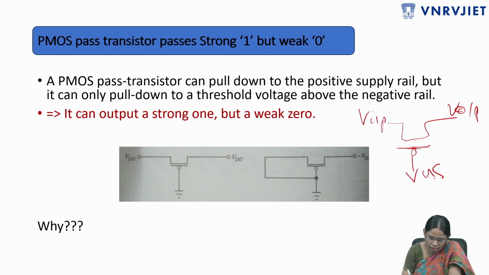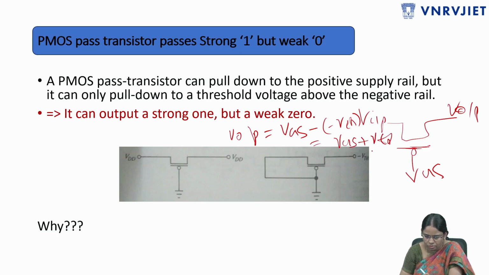The equation for output is V output equals VGS minus V threshold, but for the PMOS transistor the threshold voltage is always negative, so minus of minus threshold becomes VGS plus V threshold.